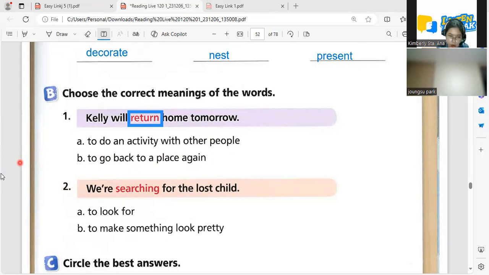Letter B. Very good. Can you read letter B? To go back to a place again. Very good.